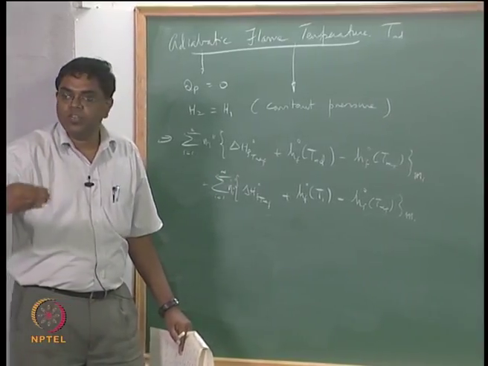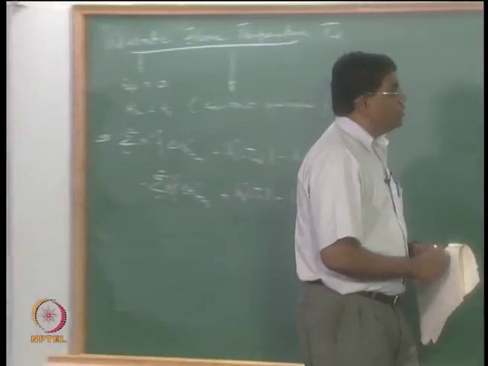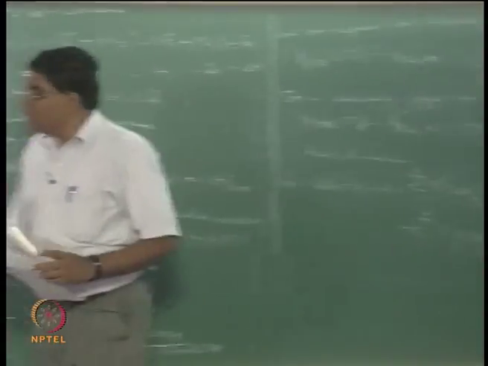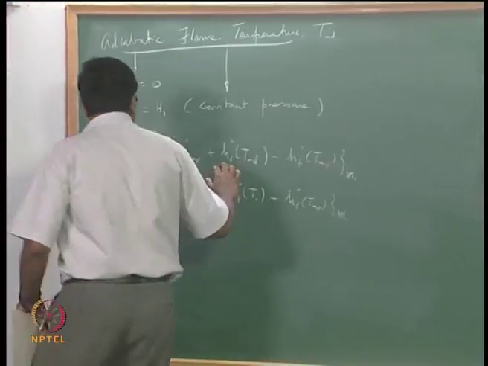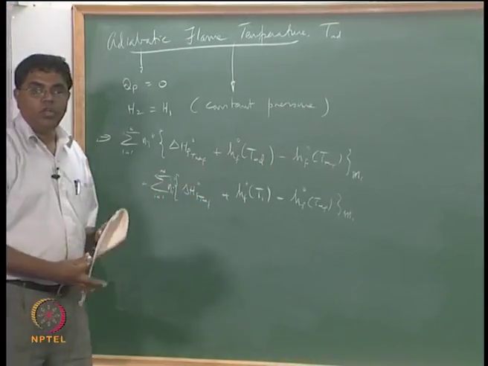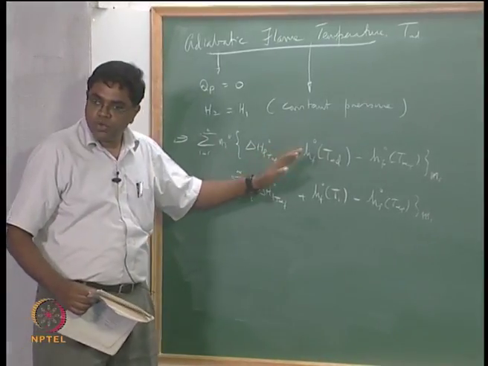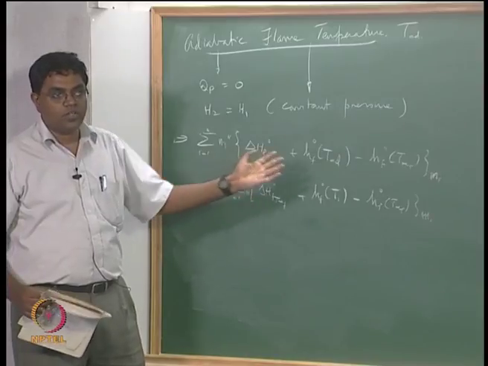So you can do this a bit iteratively, or if you now assume Cp as a function of temperature, you will now get a polynomial in temperature and you have to solve this polynomial. So you will get a temperature explicitly showing up as a polynomial which has to be solved for to get this temperature.